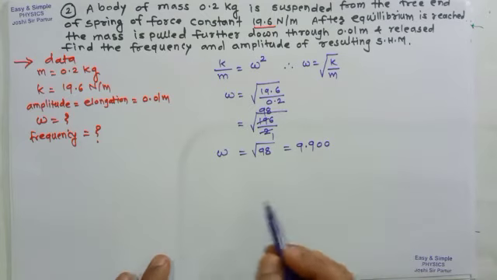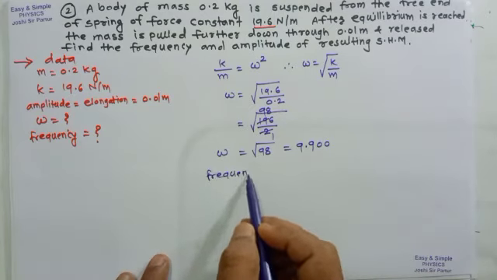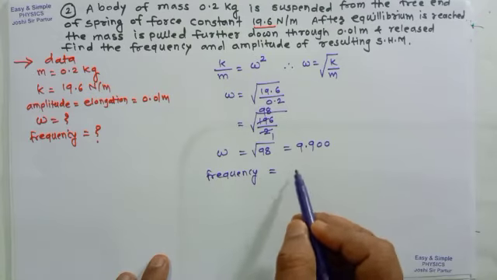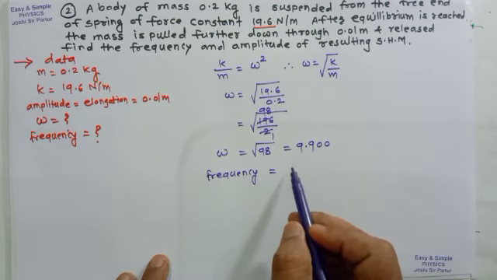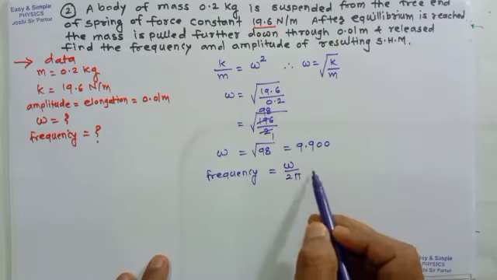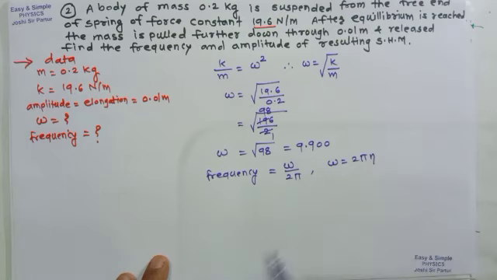We know the formula for frequency. Frequency is equal to omega upon 2 pi, because omega is equal to 2 pi into frequency.